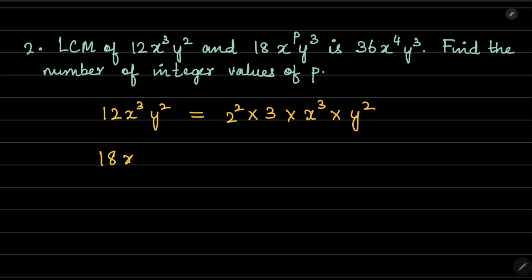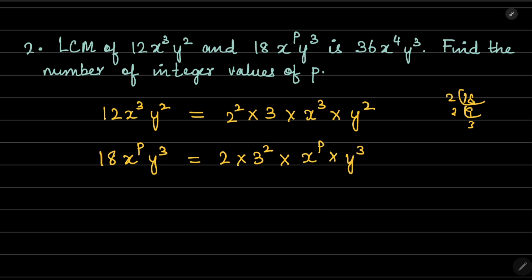And your 18x to the power p y cube can be written as, 18 you can write as 2 into 3 into 3. So 2 multiplied by 3 square multiplied by x to the power p multiplied by y cube, right?